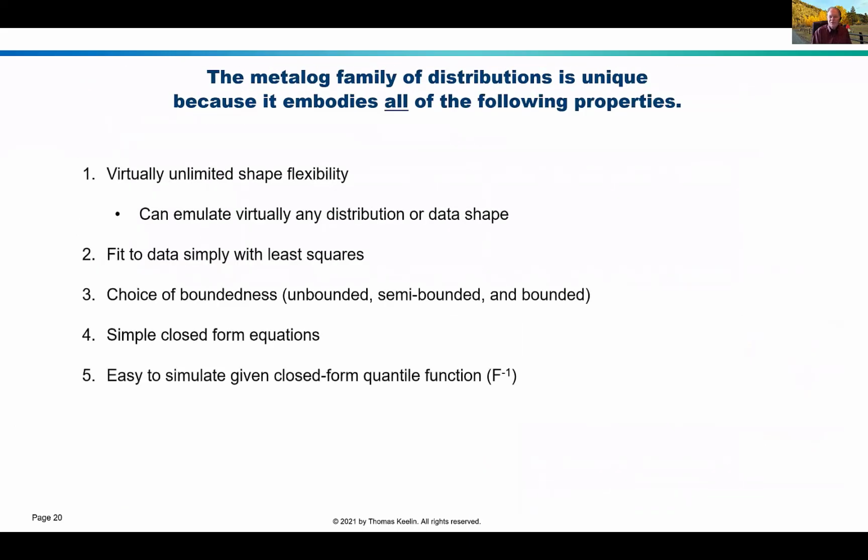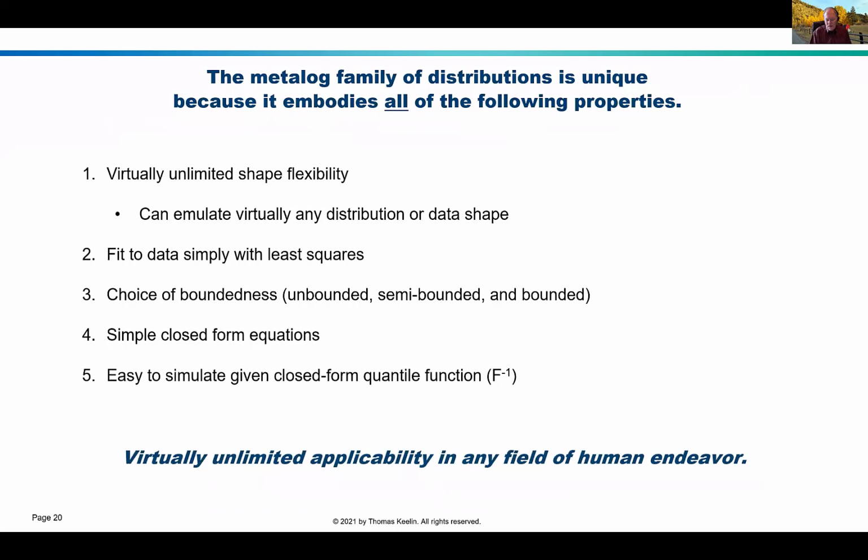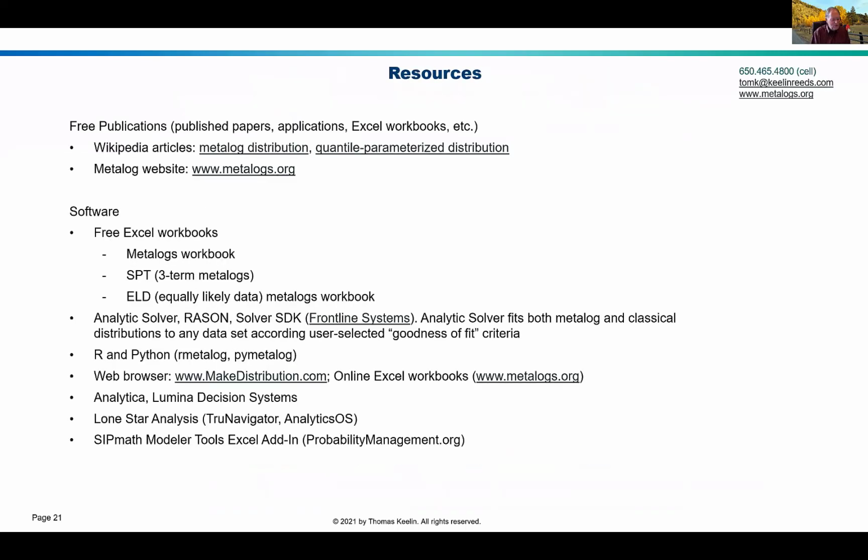So the metalog family of distributions is quite unique. It embodies all of these following desirable properties, and it's these 5 properties together that comprise the uniqueness of the metalog distributions. And in terms of resources, there are free publications. There's a Wikipedia article, but look at the Metalog distributions website.